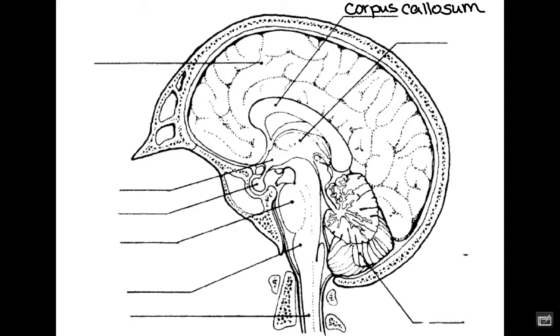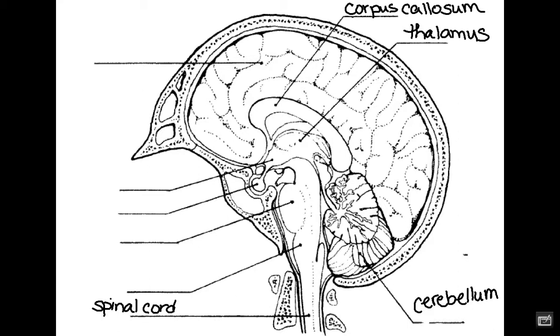The next one down in the middle area there is the thalamus. Continuing on around, we have the cerebellum. Moving over down to the bottom on our left-hand side here, this is actually where it becomes the spinal cord.